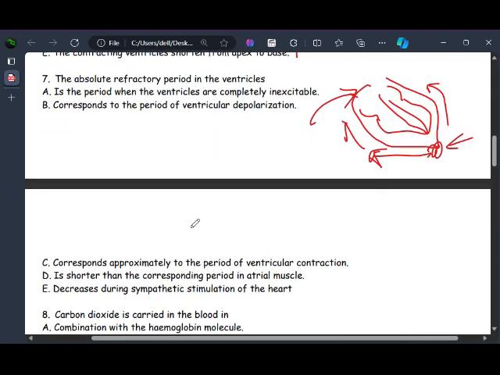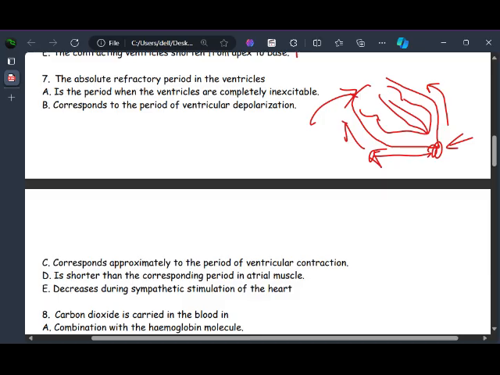The absolute refractory period in the ventricles. Remember what an absolute refractory period is. A, it is the period when the ventricles are completely inexcitable. That to me sounds true because if I remember very well, in muscle physiology, we talked about the refractory period as a period where you are not able to elicit another action potential.